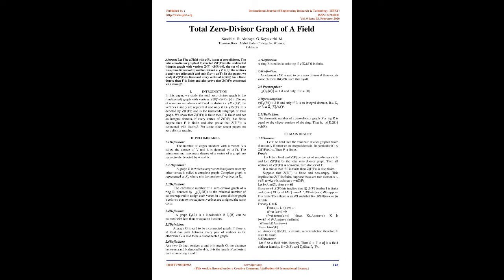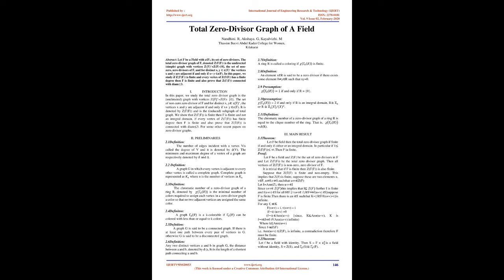Introduction. In this paper, we study the total zero-divisor graph, the undirected graph with vertices Z(F)* = Z(F) − {0}, the set of non-zero zero divisors of F, and for distinct x, y in Z(F)*, the vertices x and y are adjacent if and only if x + y ∈ Z(F).